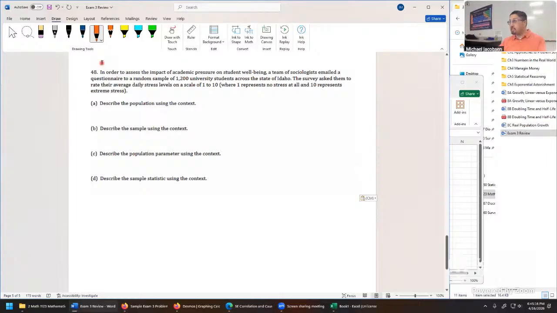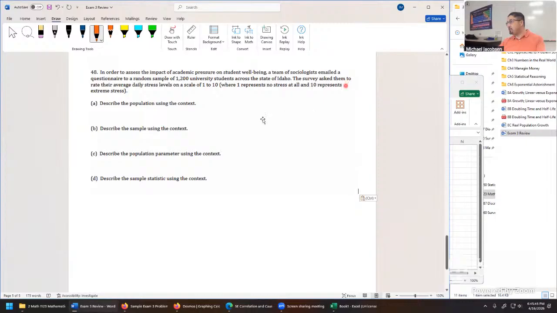Let's read this carefully once again. In order to assess the impact of academic pressure on student well-being, a team of sociologists emailed a questionnaire to a random sample of 1,200 university students across the state of Idaho. So this tells us how this study was done. It was a questionnaire, so we might have to say something about that, but this is focusing on something entirely different.